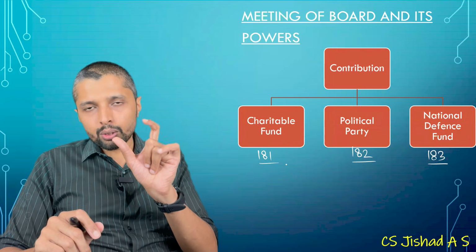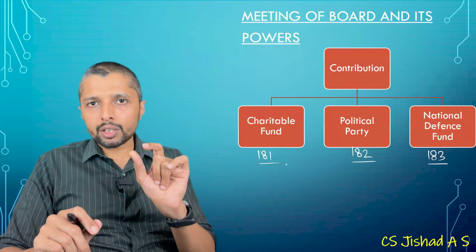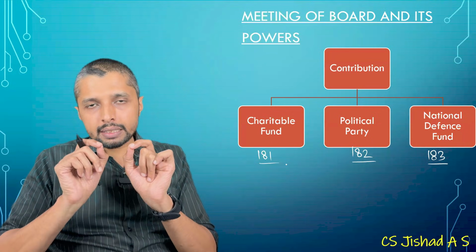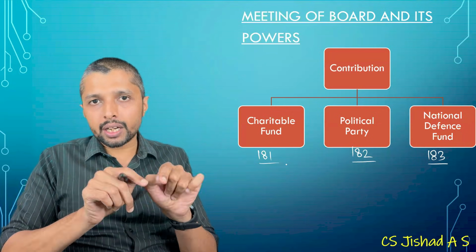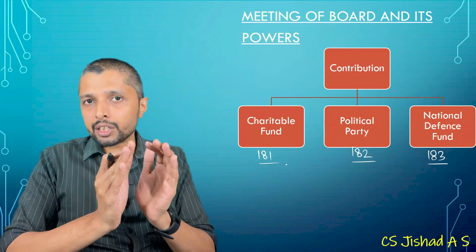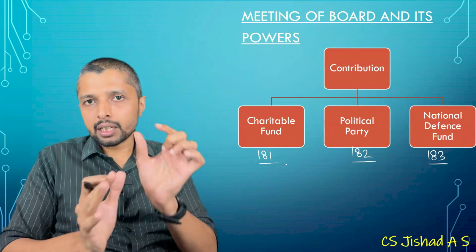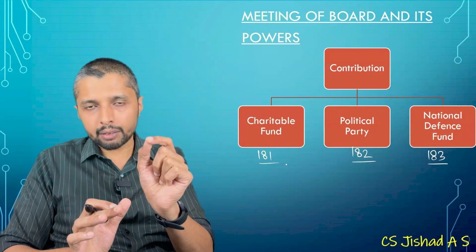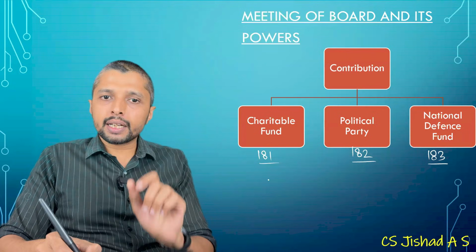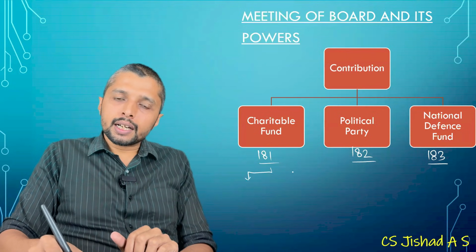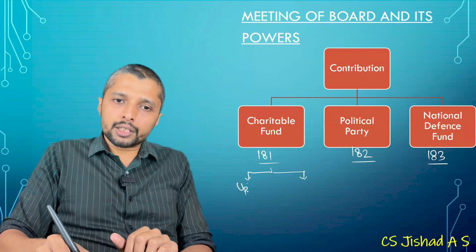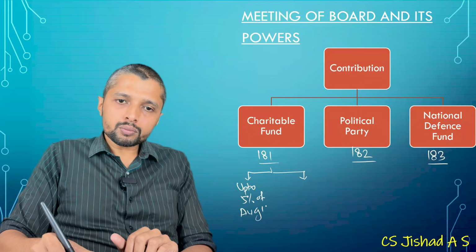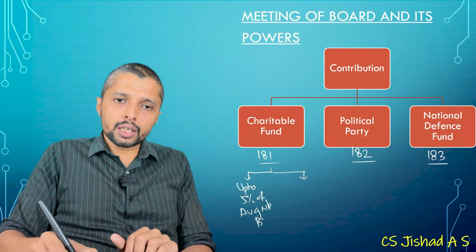You have to calculate the average net profit of the preceding 3 financial years of your company. If the contribution is up to 5% of the average net profit of the preceding 3 financial years, you are having board resolution.